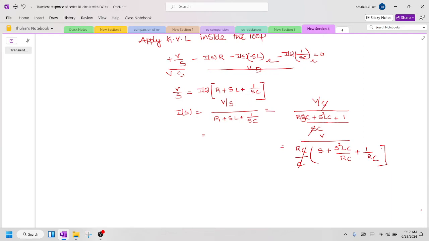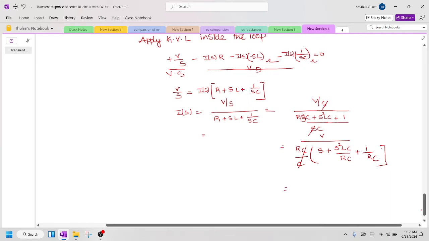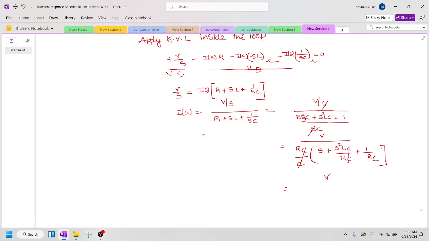When you see this equation, here also C will get cancelled out, and here you are going to get V divided by R by 1, this is nothing but V by R. And here you have the expression of S square. So better you take LC as common.